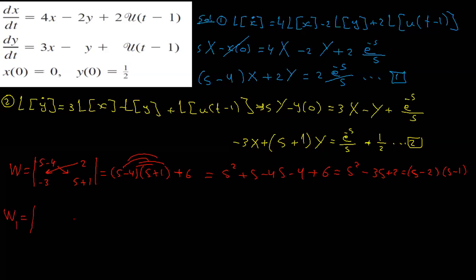Then I remember Cramer's rule needs me to find W1. How to find W1? It's very easy for me. Replace the first column by your right hand side. Where is your right hand side? Those here, this and this.